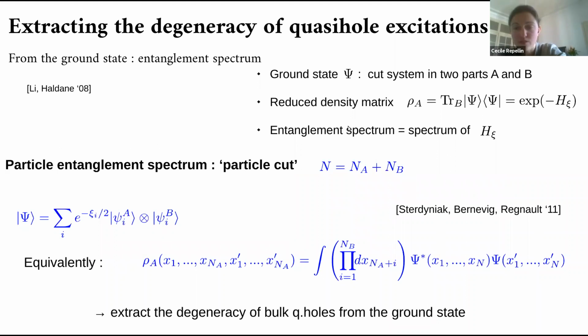So if you look at the integral here, I didn't explicitly write the window of integration. But if you had, let's say, the typical entanglement cut, which is a real space cut, let's say I have a torus and I just cut it into two.